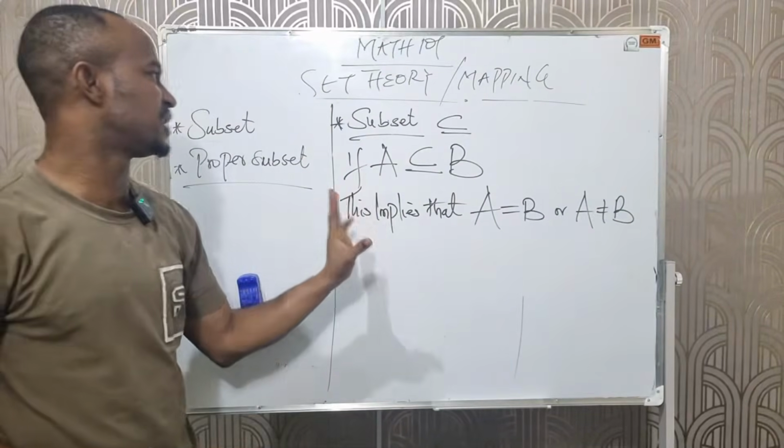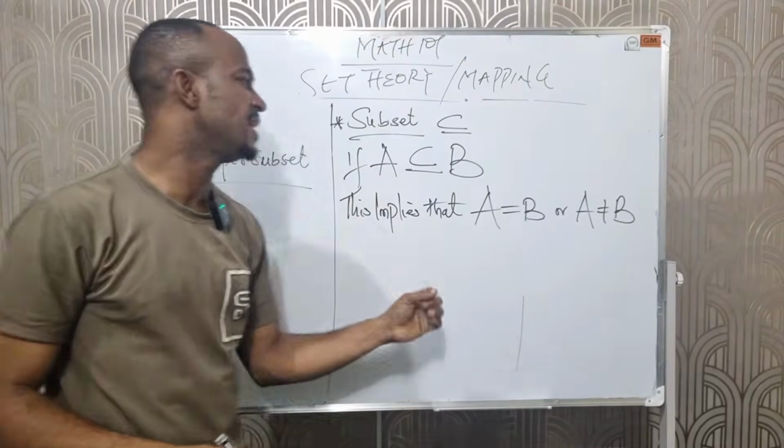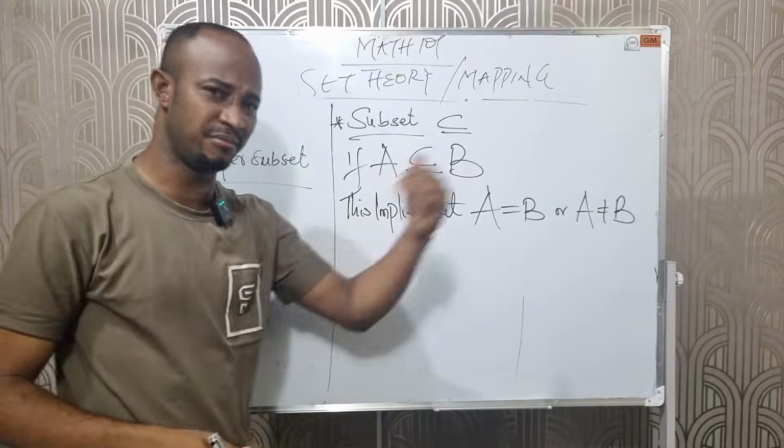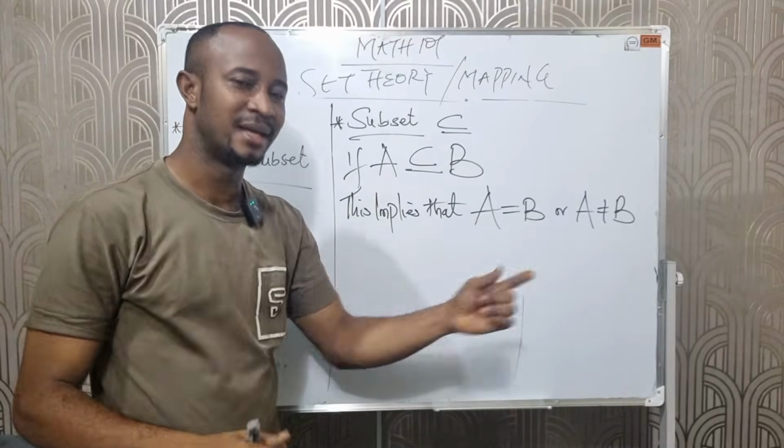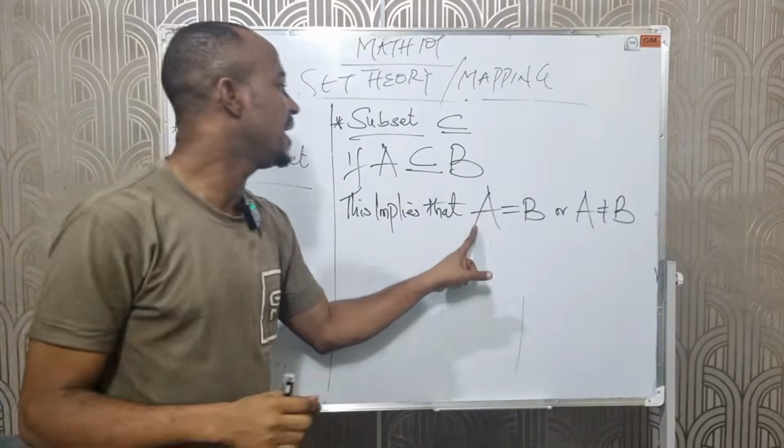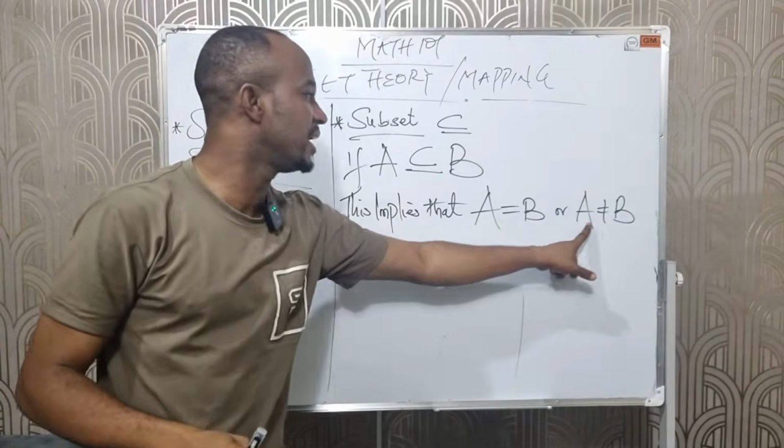If A is a subset of B, meaning every element in A is in B, right? Then A is either equal to B, or A is not equal to B.